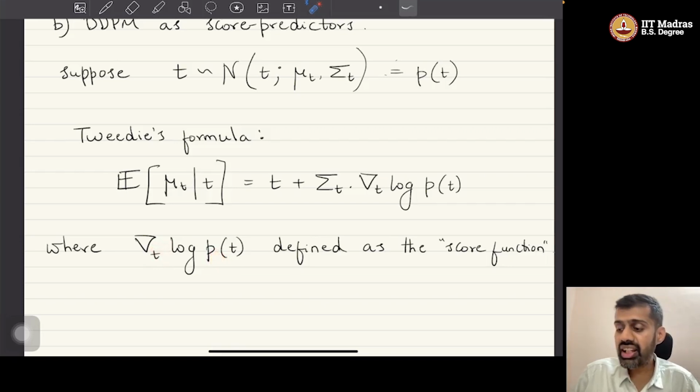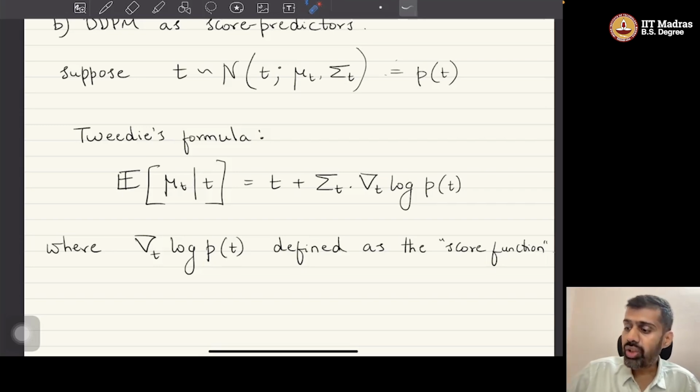So here the gradients are being computed with respect to the random variable upon which the distribution is supported. So the score of a given distribution is the gradient of the log likelihood of the density function with respect to the random variable itself, upon which the distribution is supported.